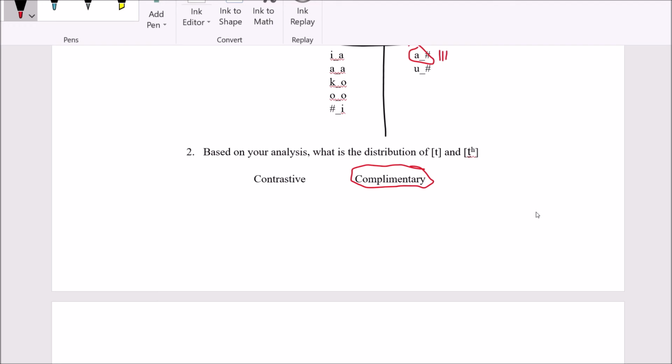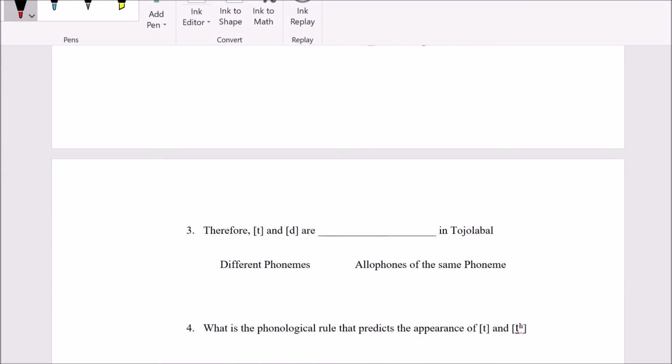That is, remember, complementary distribution. We never see them in the same place, so they might be the same person. So if they're in complementary distribution, they must be allophones of the same phoneme, at least for our problems that we'll see in class and on our exams.